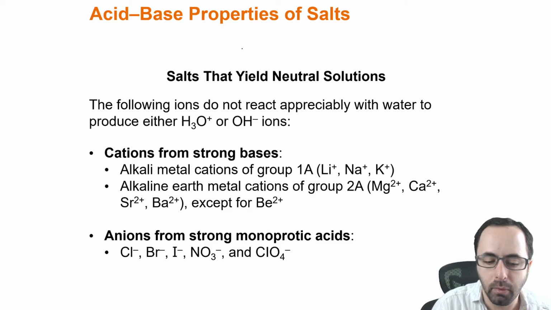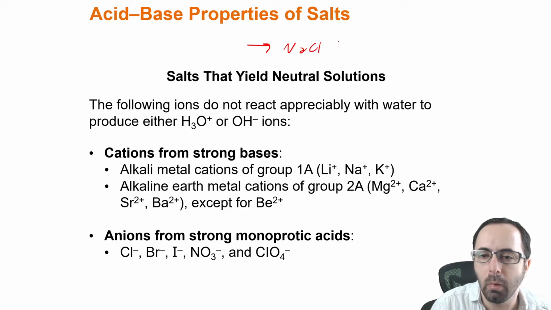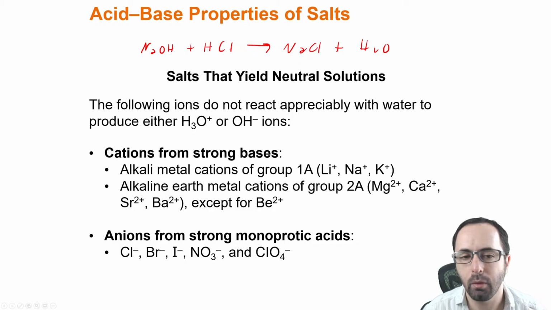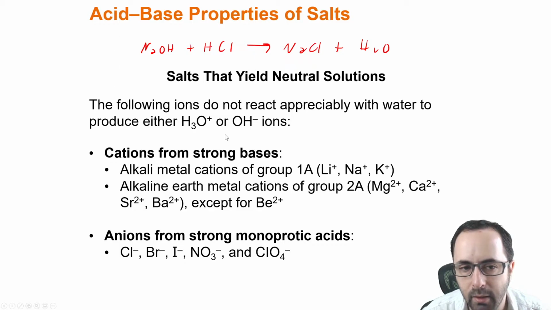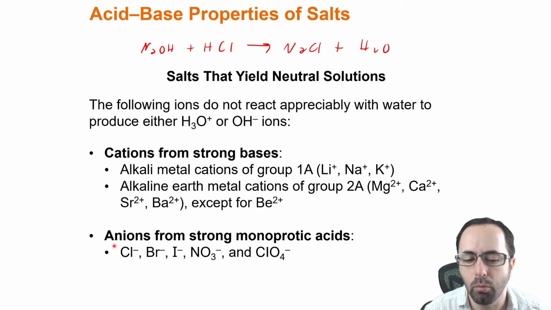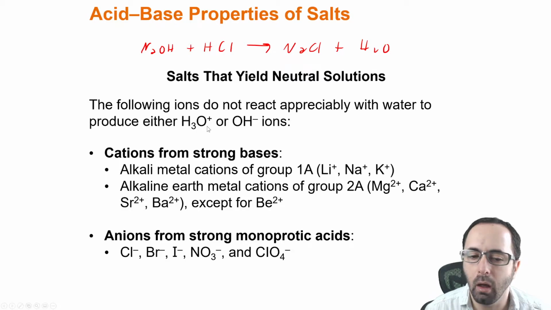For example, sodium chloride are those that could be produced by the neutralization of a strong acid and a strong base. The strong base here would be sodium hydroxide, and the strong acid would be HCl. And so the cations from strong bases produce neutral salts, and the anions from strong acids produce neutral salts.